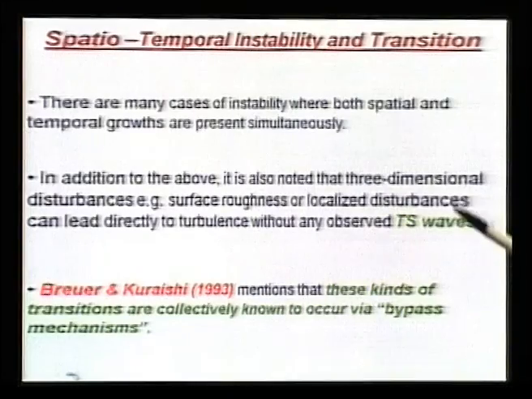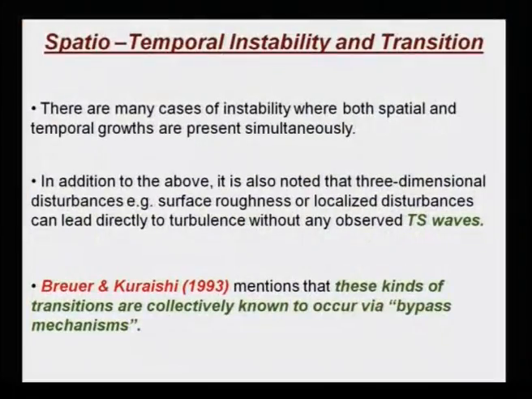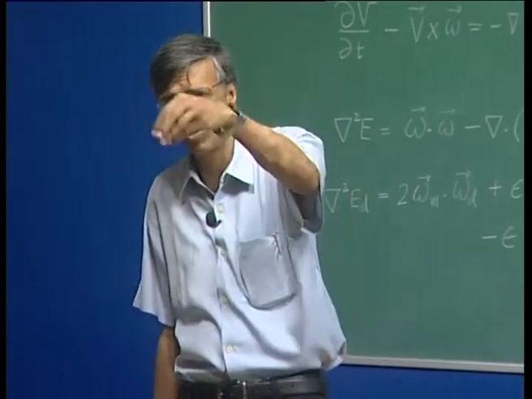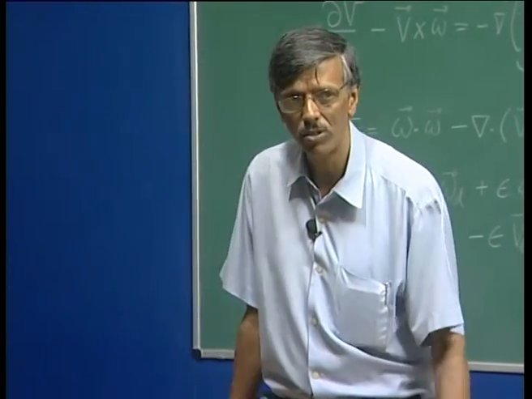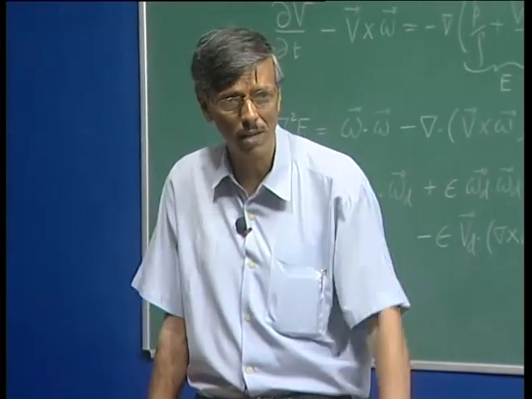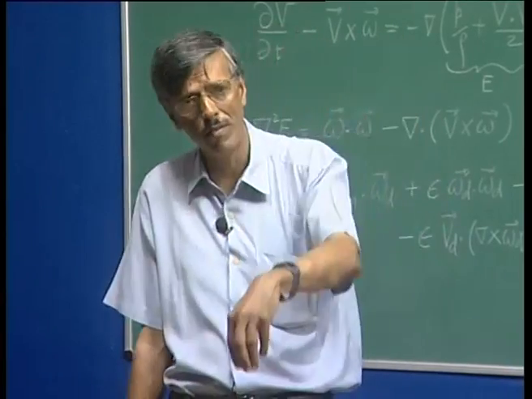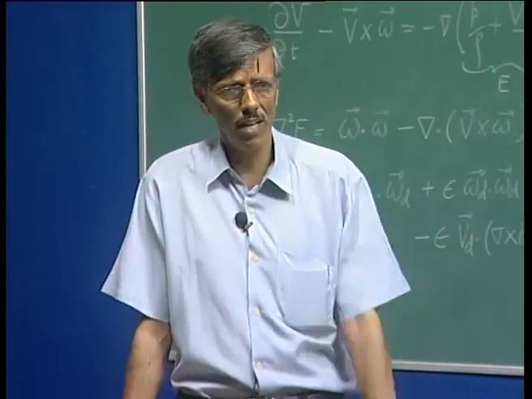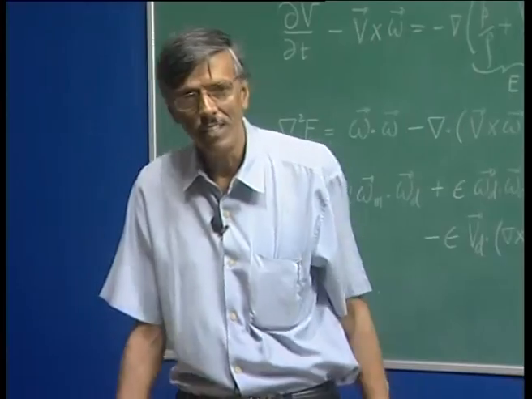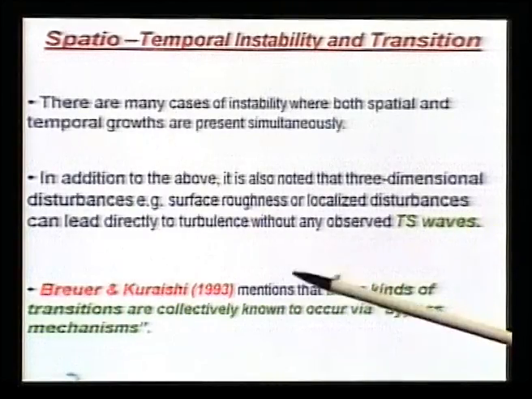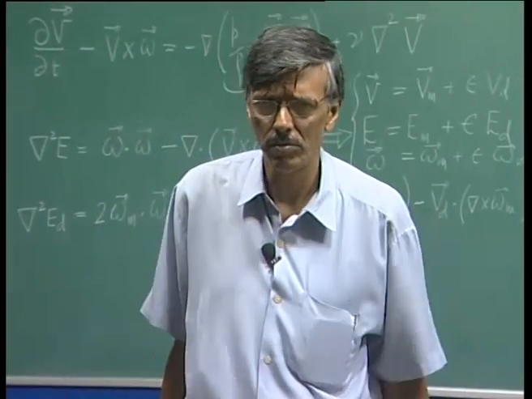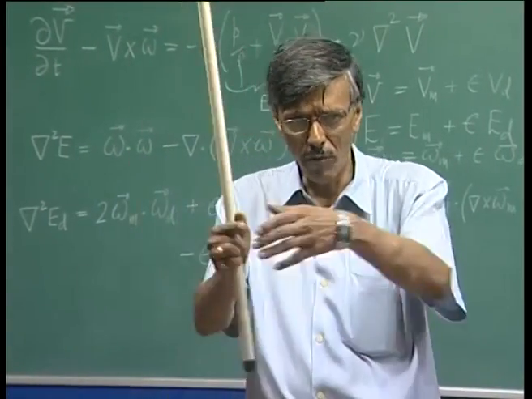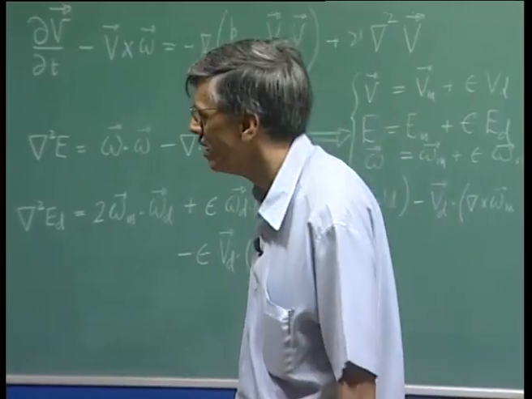In addition, we have also noticed that if we create some kind of three-dimensional disturbance, like a localized roughness, a dimple kind of a thing, which need not necessarily move like in Klebanov's experiment. You can just simply have a physical roughness, a rivet on an aircraft wing. That itself can lead to a flow in the wake of that roughness. A turbulent wedge will be created.